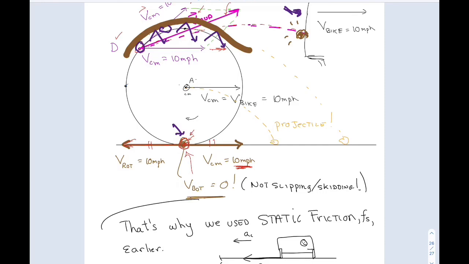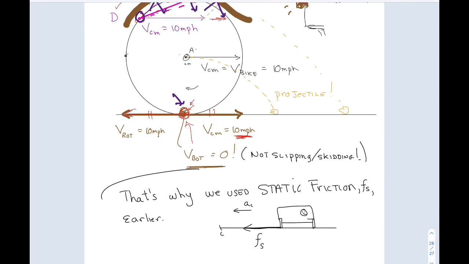So that's why we said in the earlier chapters, we had the car coming at us, and we knew the acceleration was toward the center, so there had to be some force that pointed toward the center, and we said it's the friction force. And we asked, was it kinetic or was it static? And we said a couple reasons that it was static. One of them is, we know it's not kinetic because there'd be skid marks.